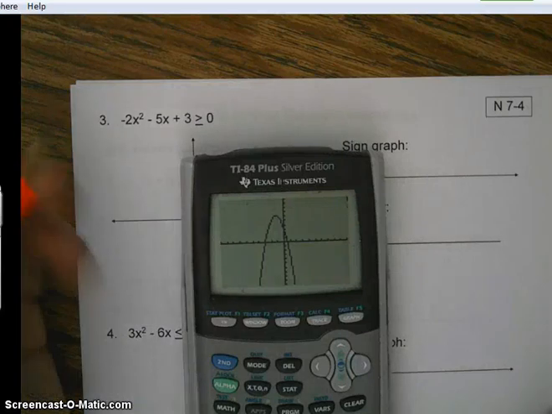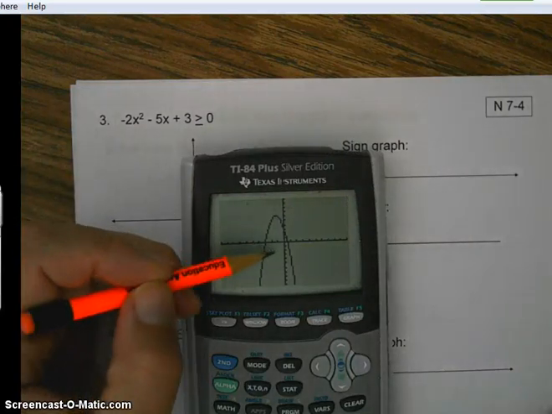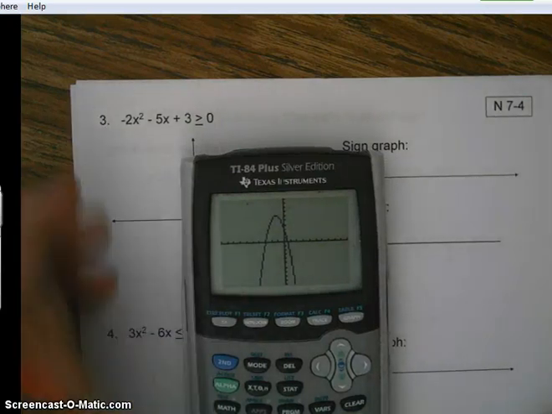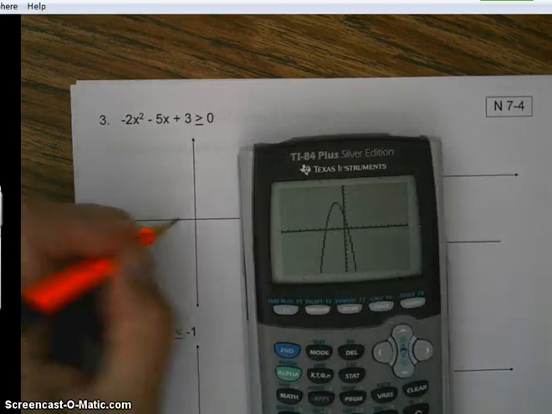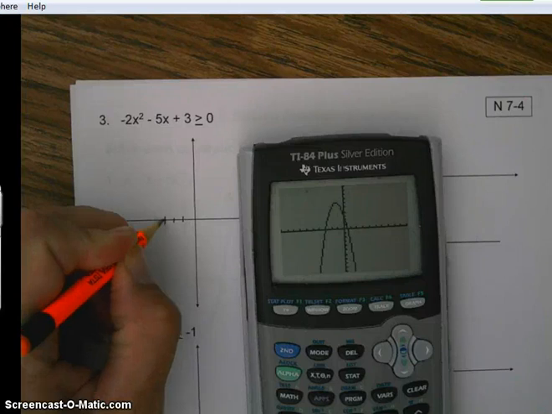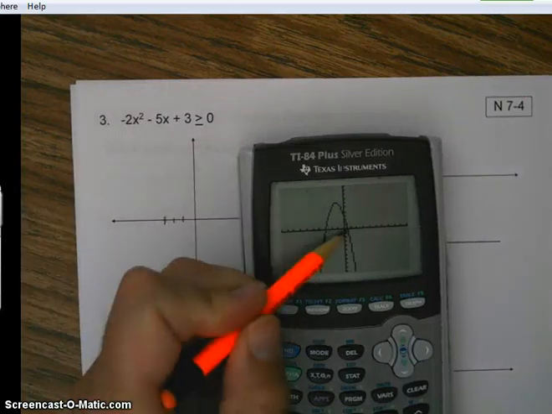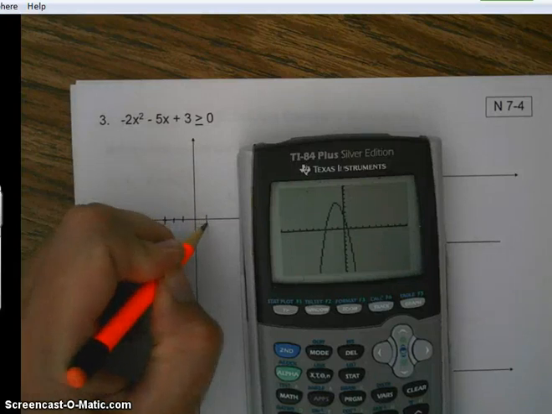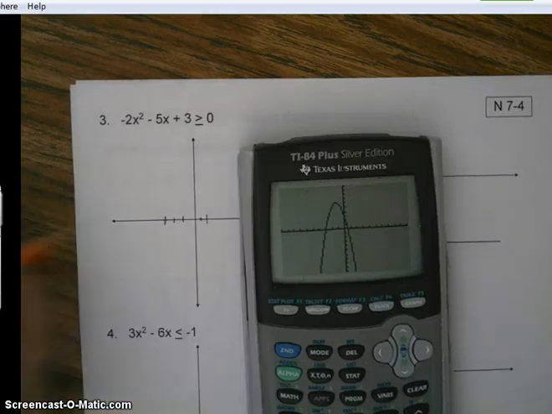We have a reflection over the x-axis, so we're going to have a solution here at negative 3, 0. And then the other one looks like it's about in between 0 and 1. So I'm thinking it's going to be about right there.